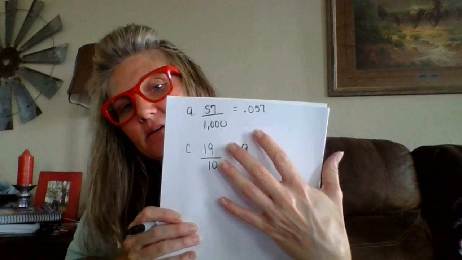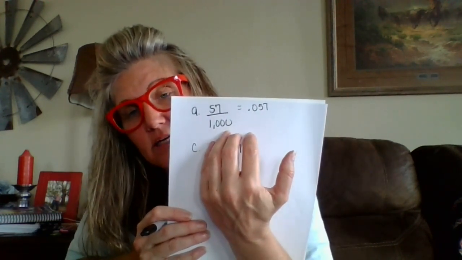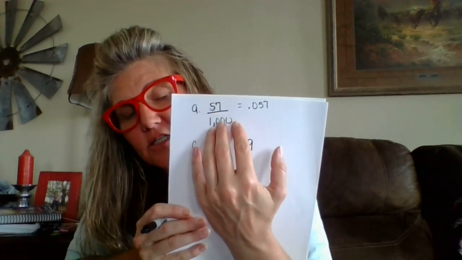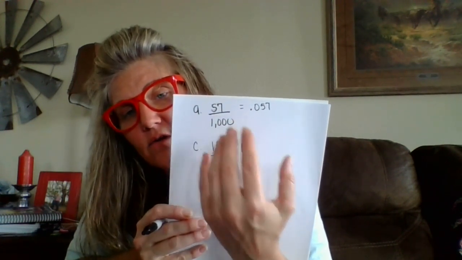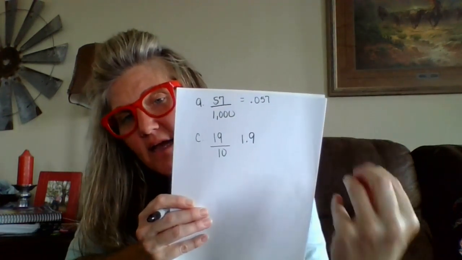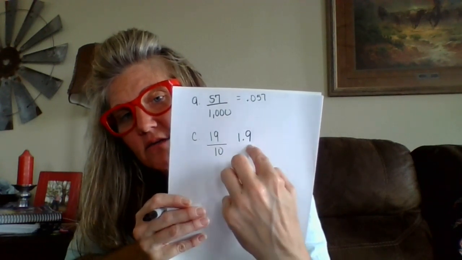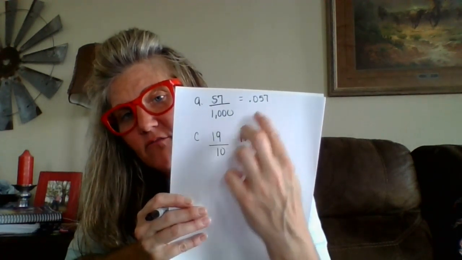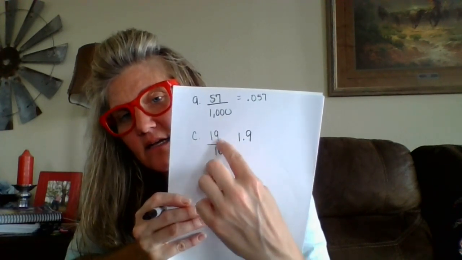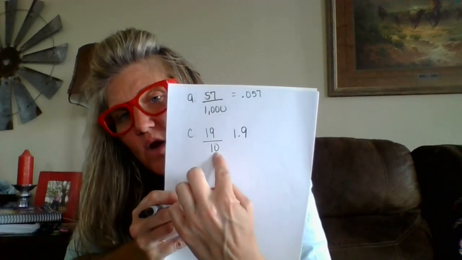I'm going to tell you a secret. Want to know the secret? When you have them in fraction form and they're over 10, 100, 1,000, 10,000, those zeros are telling you how many numbers you're going to have behind your decimal. See, this is how I knew that that was going to be 1.9, because there's 1 zero.